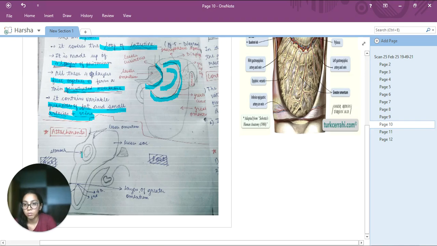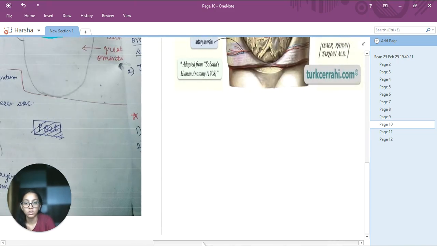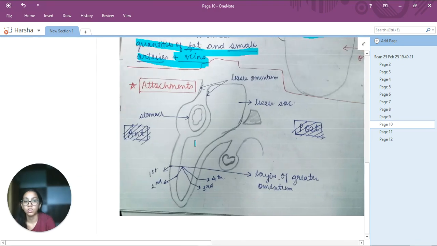This is the stomach, and these are the 4 layers of the omentum. So over here, this is the first layer of the omentum, then this is the second layer, this is the third layer, and this is the fourth layer.